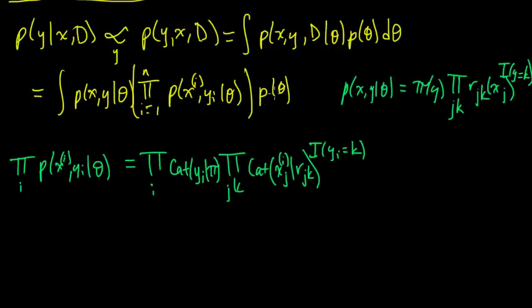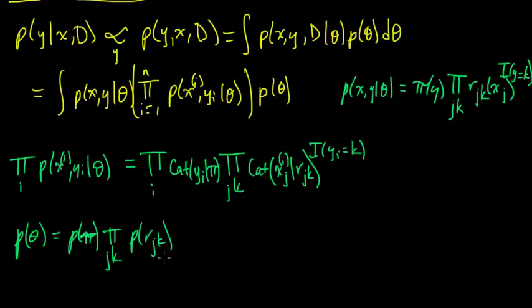And now we need to get an expression for the prior, and that's equal to the product, by our model, of the probability of pi times the product over all j and k of the probability of r_jk.